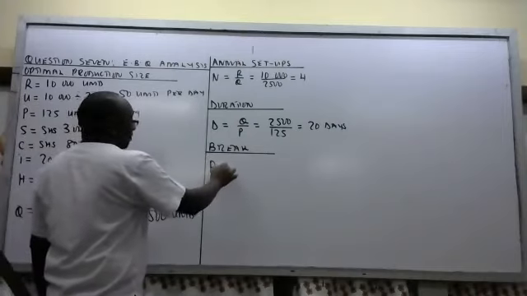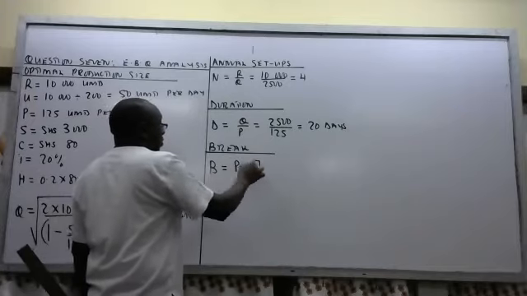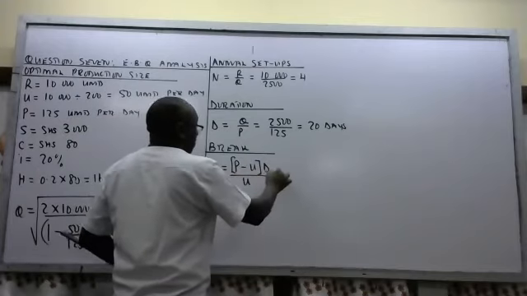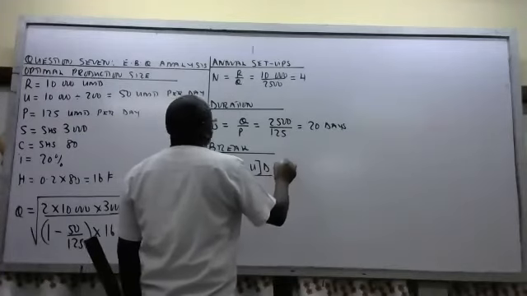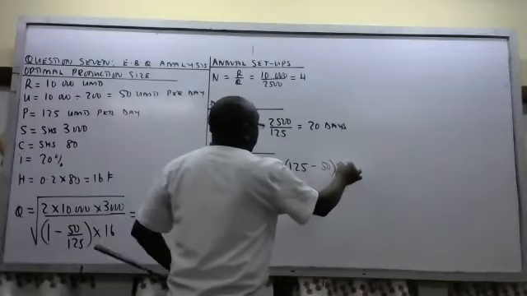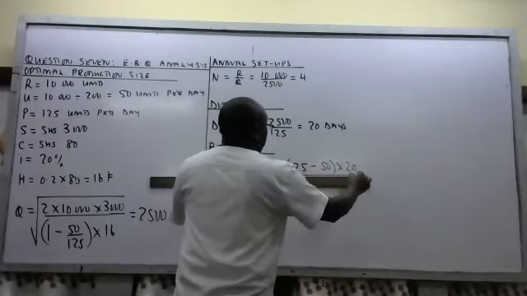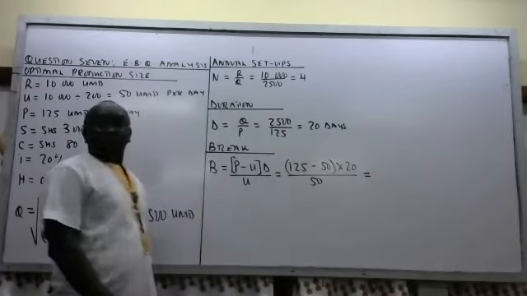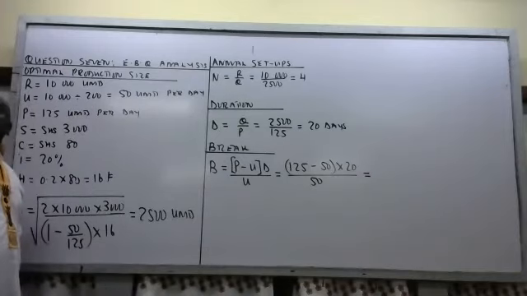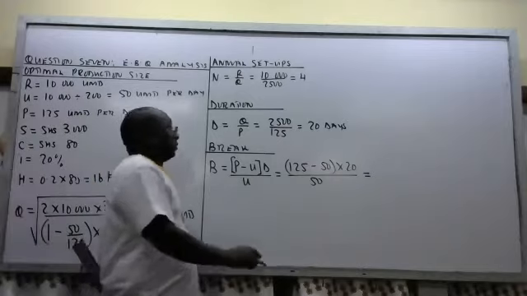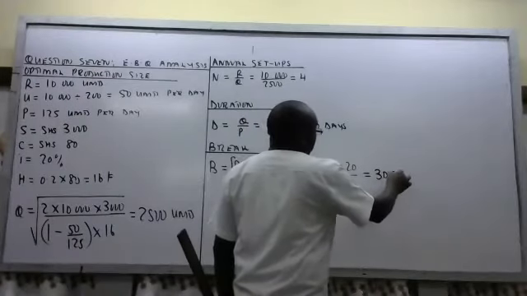So B is given as P minus U multiplied by D, divided by U. So this is 125 minus 50 multiplied by 20, divided by 50. That gives 30 days. So they will be working for 20 days, then they take a break of 30 days.